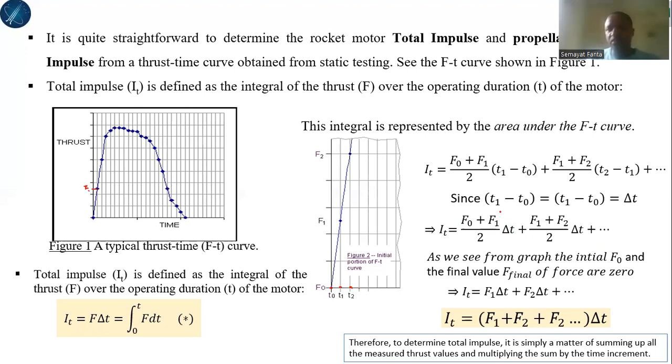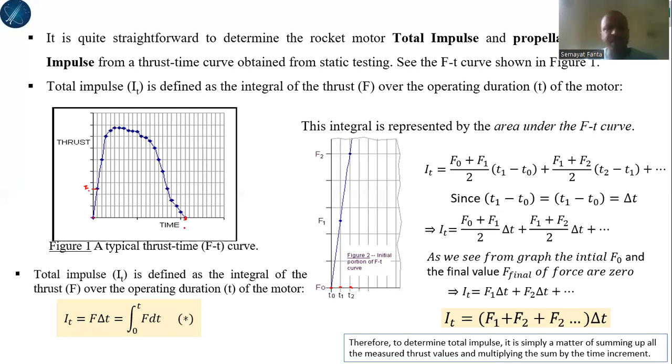Finally, the initial and final thrust, F naught and F final, are 0, because the curve starts from here and ends at this point.